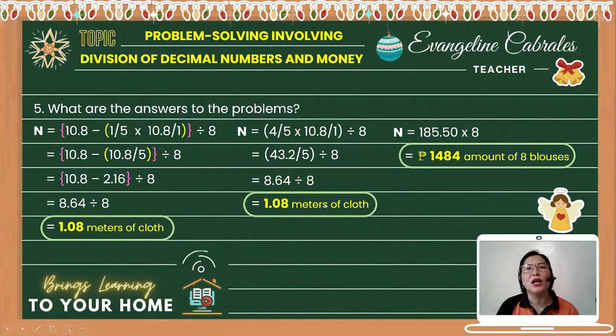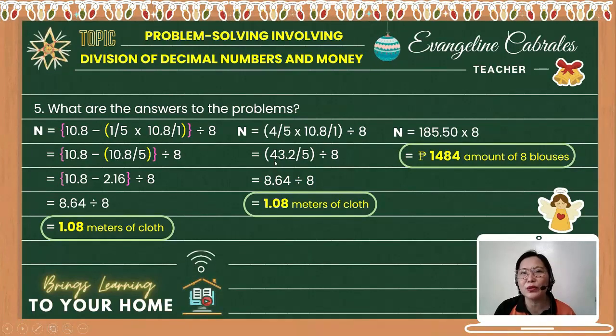Ngayon, ang tanong, anong klaseng problem ito? This problem is called multi-step non-routine. Bakit multi-step non-routine? Kasi mayroong dalawang solution na pwedeng gamitin para ma-solve ang problem. So, at saka, hindi lamang isa ang operation na ginamit, kaya siya multi-step non-routine.